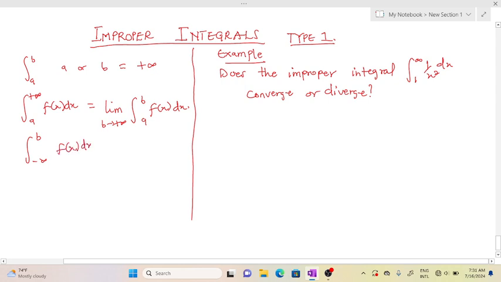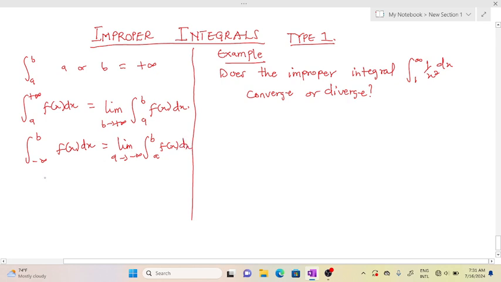To solve this, you simply have to take the limit where you replace negative infinity with an unknown a, which is being summed to b. Find the limit as this a approaches negative infinity of the integral of f of x dx.